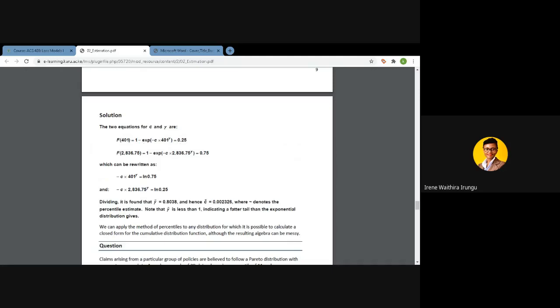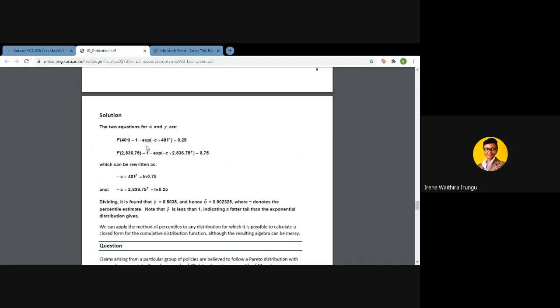Before you take the ln, you can take this one to the other side, or vice versa. If you do that, you'll have the negative exponent, all that being equal to negative 0.75. To get rid of the negative, you can divide through by negative 1.